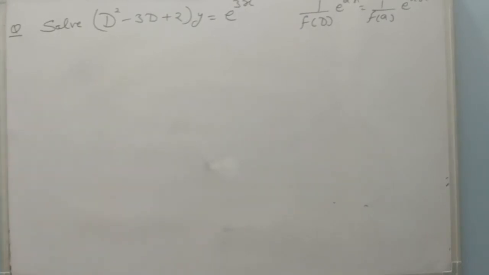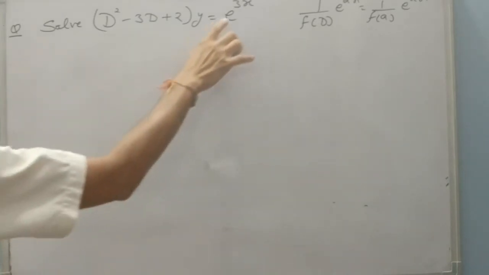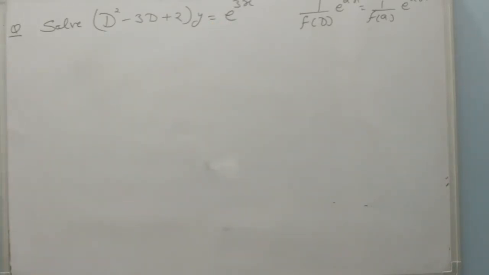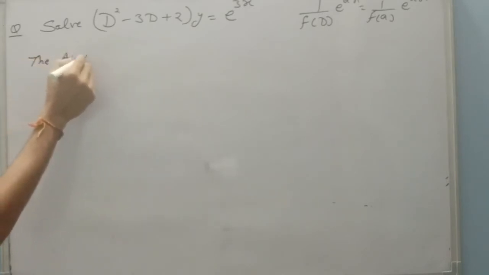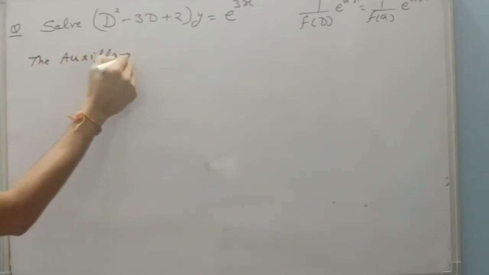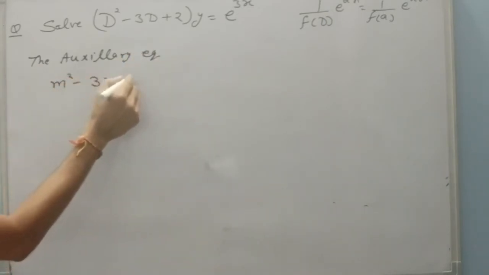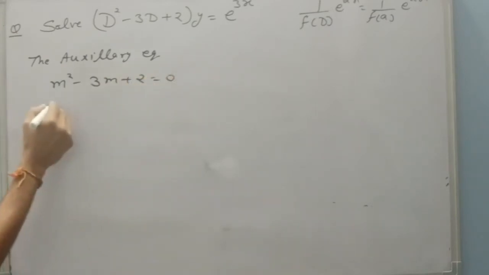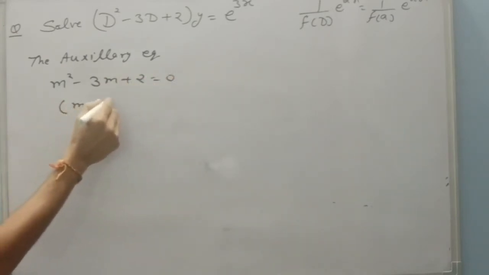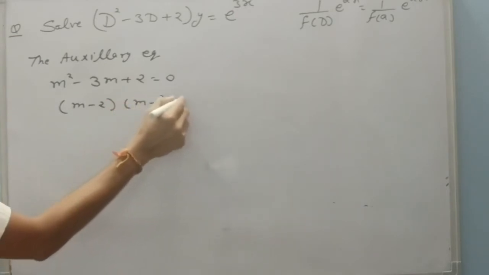Here is the first example for finding the particular integral as well as solving the differential equation. As we know, for solving this differential equation, there is a function of x, so we have to find the complementary function as well as the particular integral. First, for the complementary function, the auxiliary equation is m square minus 3m plus 2 equals 0.